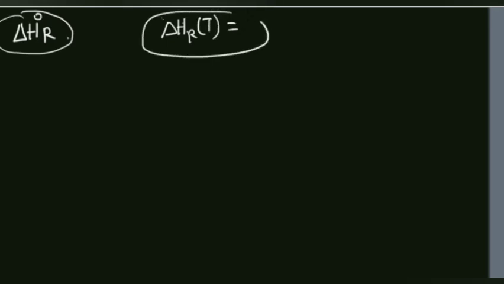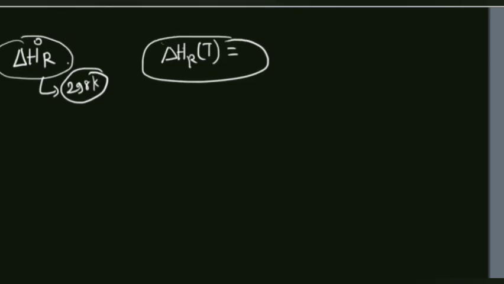Okay, at a particular temperature you have to calculate the enthalpy. If they ask you to calculate the enthalpy of reaction at a particular temperature, how will you calculate it? Because the standard value is calculated at 298 Kelvin. I think there is no misconception about this concept, because delta H naught of R is the standard enthalpy of reaction.